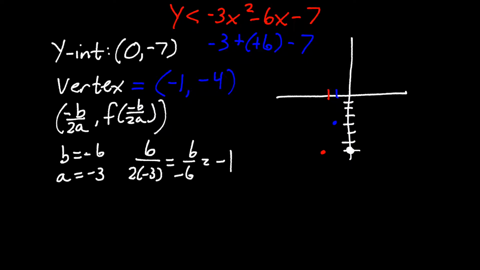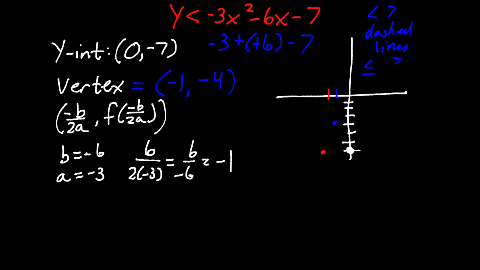But I don't want to graph it just yet, because unlike when it's equals here, this is less than. And if you remember how we graphed lines when it's less than, parabolas go the same way. Less than or greater than get dashed lines.